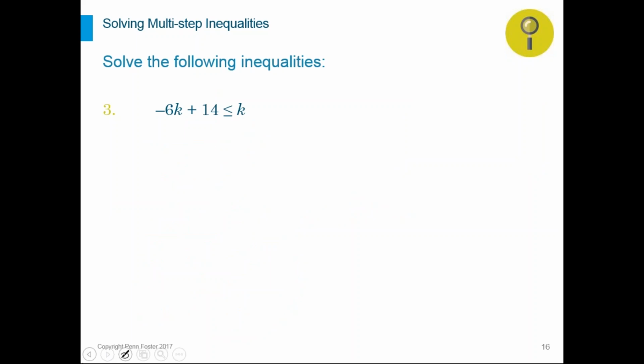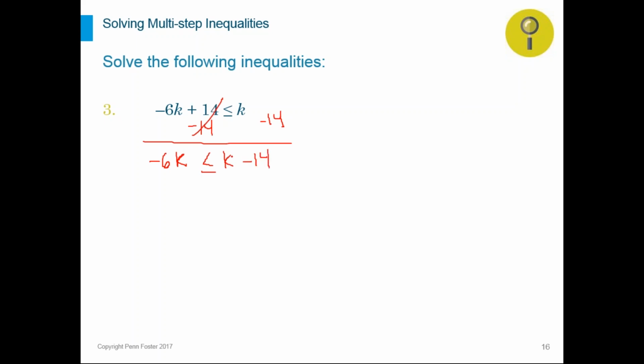Negative 6k plus 14 is less than or equal to k. The same thing, I have a bunch of operations and also I have my variable appearing on both sides. I'm going to get rid of the 14. So subtract 14 and subtract 14. So we're going to have so far negative 6k, that's a 0, less than or equal to k minus 14.